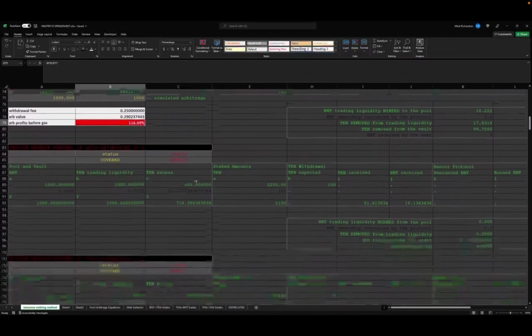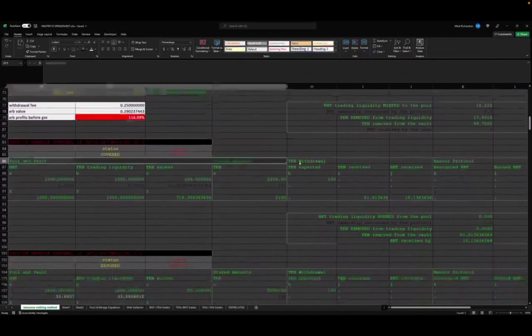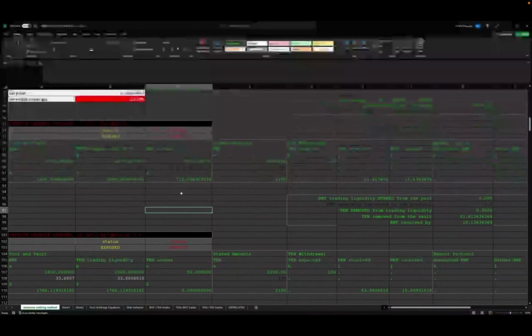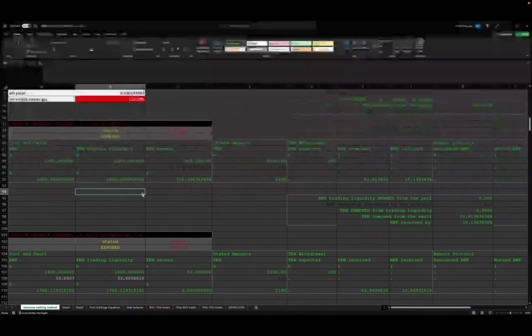So now that we're over that amount, we move into this situation, and that is the user is withdrawing a certain amount of TKN that's equal to or less than the off-curve liquidity. So we're going to do the same thing here, but we can't let the deficit get any higher. This is when the BNT protection mechanism used to kick in.